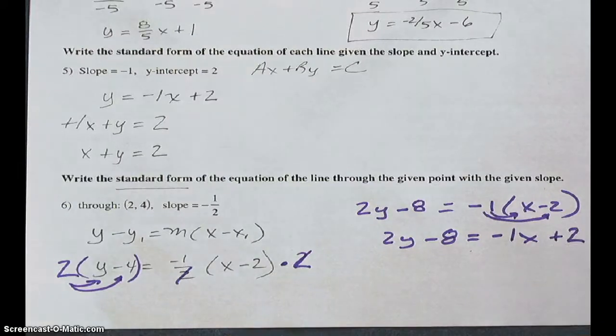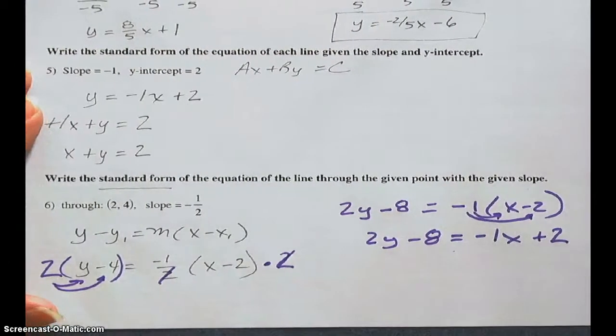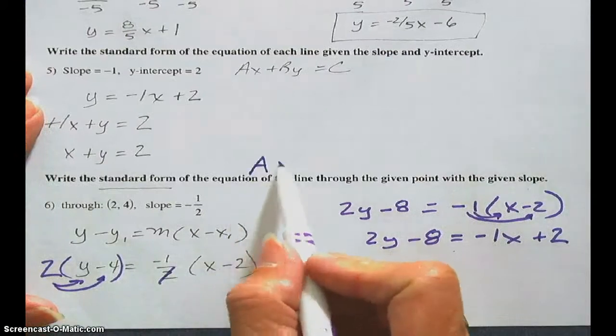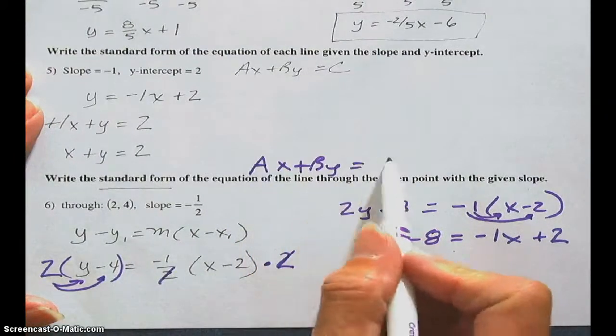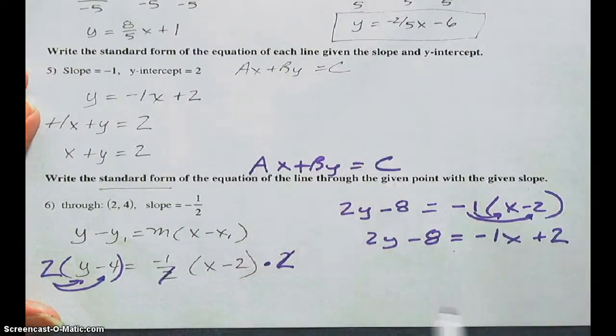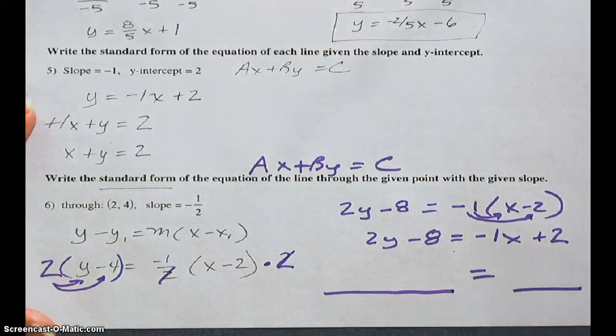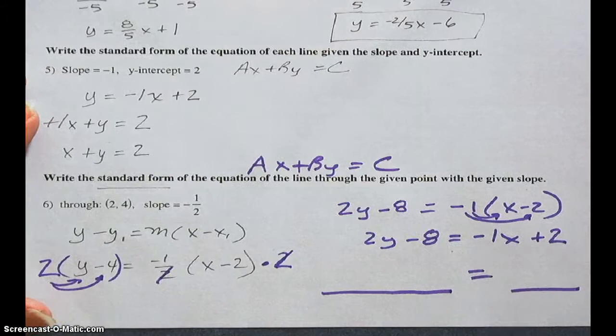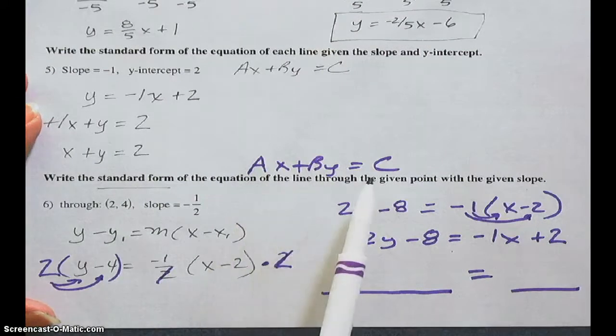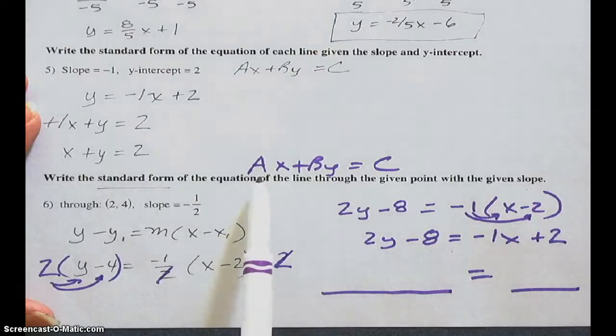Now, let's just double check what we want to do. What do we want to do? We want to put this in the ax plus by equal to c form. So that means the x and y's are all on this side, and we have it equal to some number on the right-hand side. The rules are a, b, and c have to be whole numbers and a must be positive.